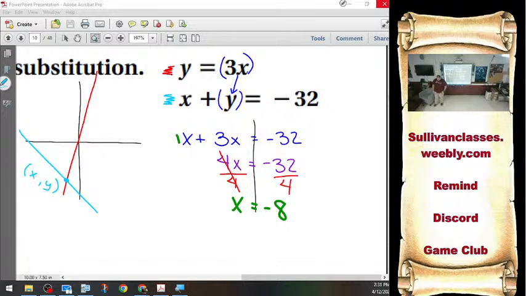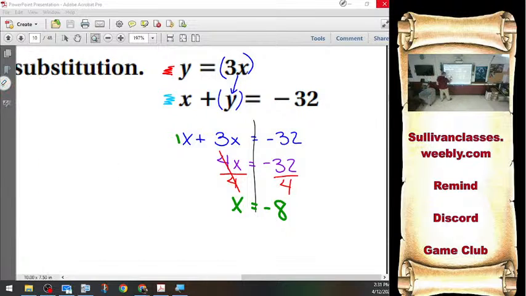So to continue the analogy, when we're solving by substitution, if you have an x, you better find out y. So if you just discovered that your x is negative 8, what could I do to find the y?